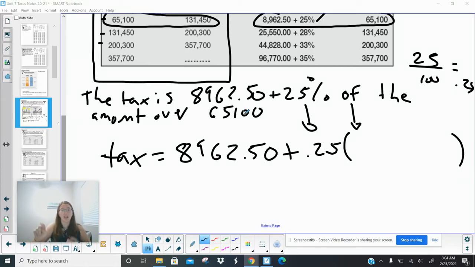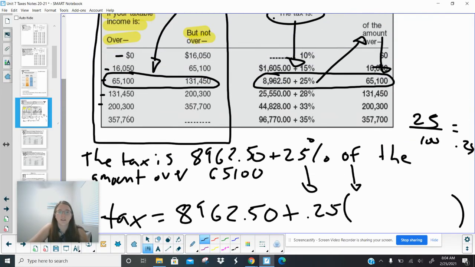It does not say 25% of 65,100. So what we're going to have to do is determine what is the amount over 65,100. Here's what it means. It means the amount of your income that is over 65,100.